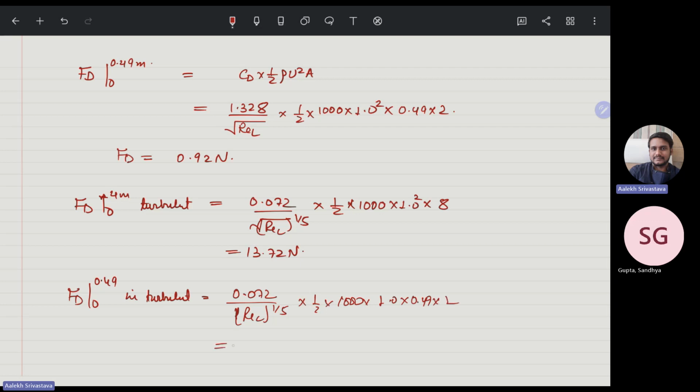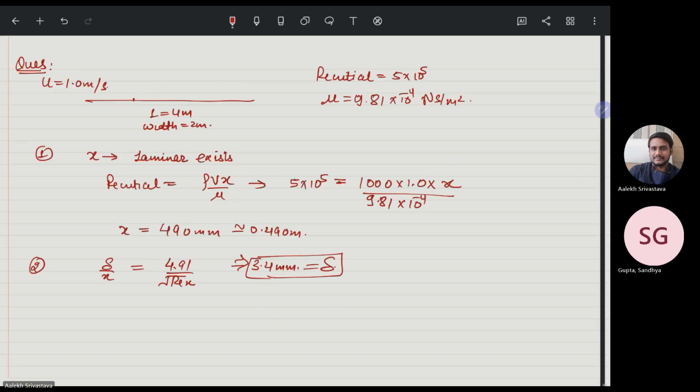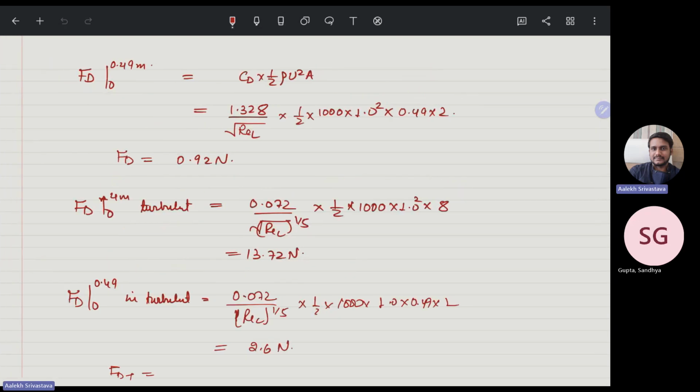If you solve this, you will get 2.6 Newton. Therefore, the total drag is laminar 0.92 plus 13.72 minus 2.6, so you will get nearly 12.08 Newton. This is the total drag.